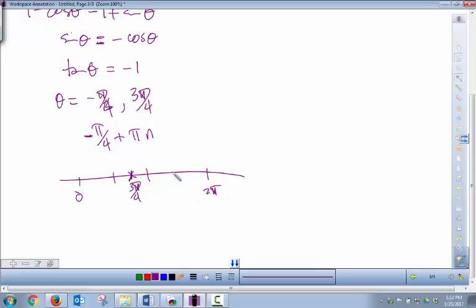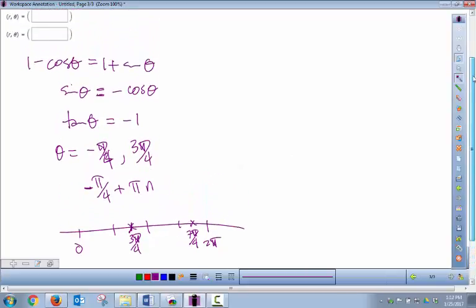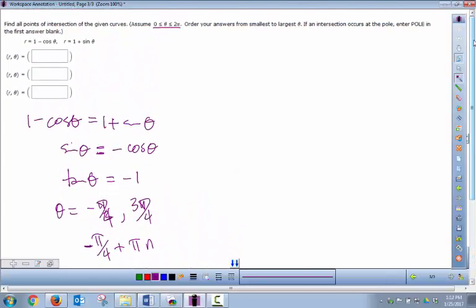And then 7 pi over 4 is somewhere over here. Is that okay so far? So we want to put those values in to find our r value.